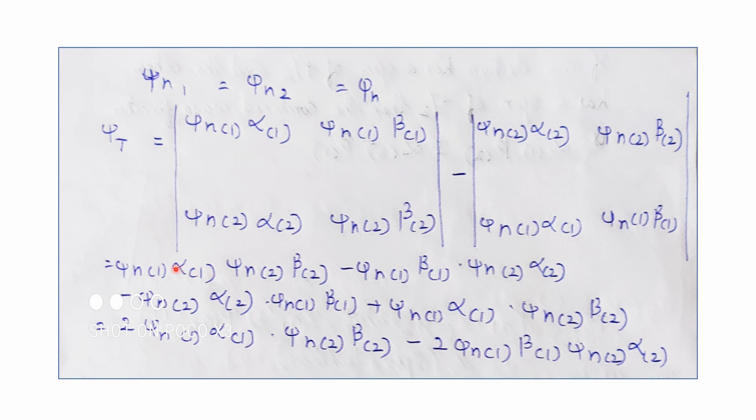On multiplication, we get psi n1 alpha 1 psi n2 beta 2 minus psi n1 beta 1 psi n2 alpha 2, minus psi n2 alpha 2 psi n1 beta 1, plus psi n1 alpha 1 psi n2 beta 2, that is equal to 2 psi n1 alpha 1 psi n2 beta 2 minus 2 psi n1 beta 1 psi n2 alpha 2.